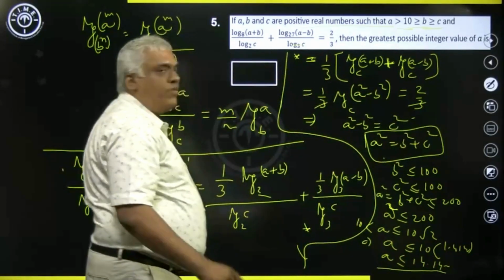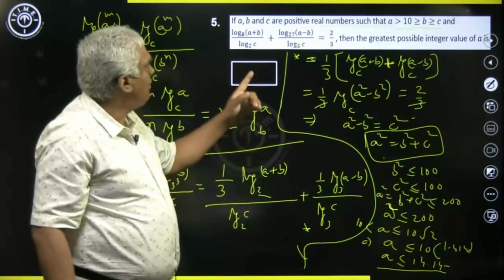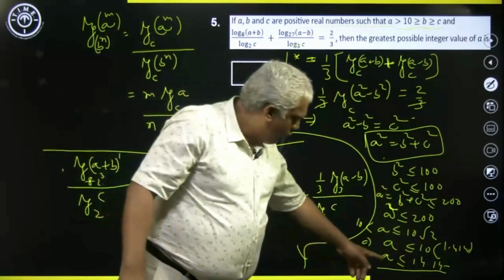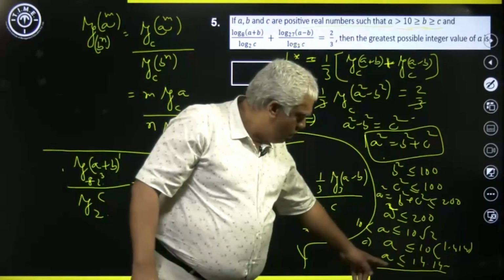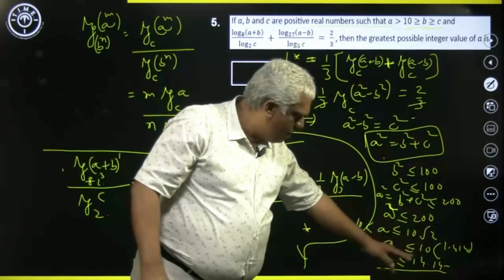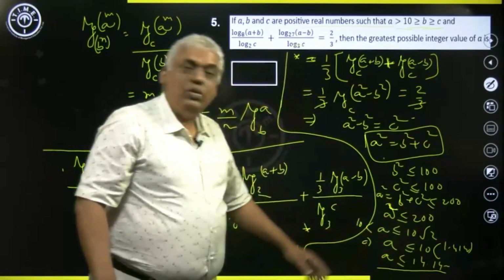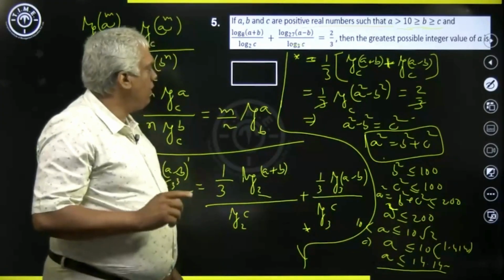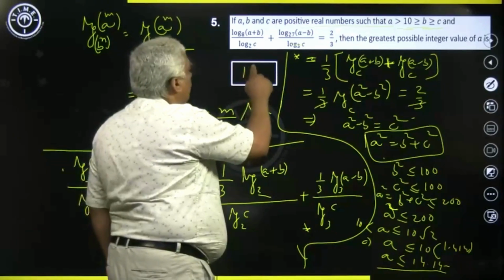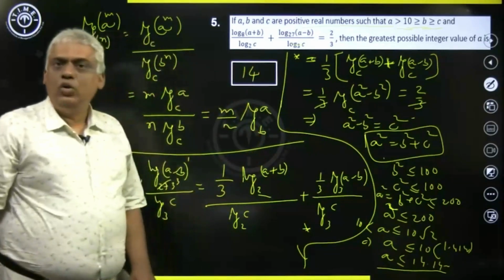So a's maximum value can be 14. So the answer is 14. I hope this is clear.